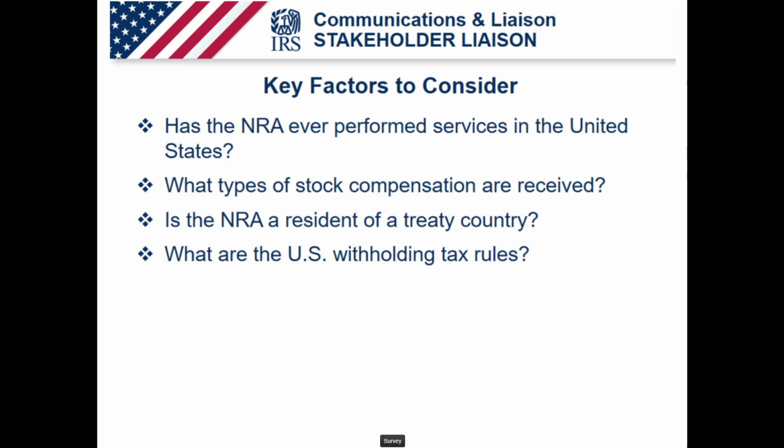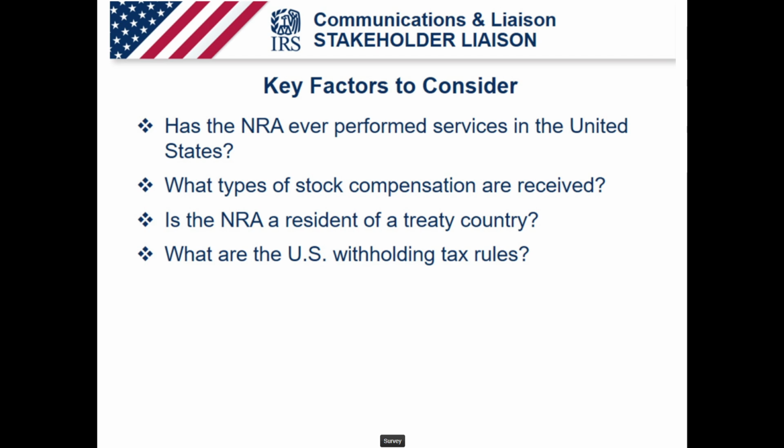Different types of stock compensation are subject to different tax treatments. The type of stock compensation will determine how much income is recognized, when it is recognized, and how much is subject to U.S. tax. Tax treaty consideration is an important step regarding the taxation of an NRA.